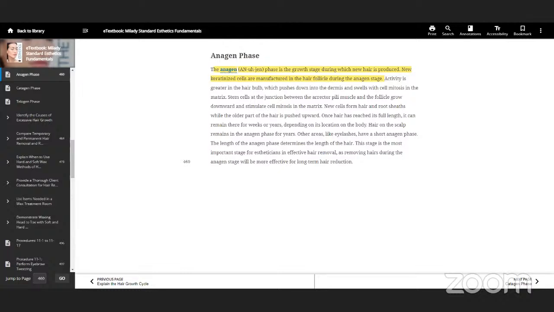It's going to come out black, blonde, red, or super thick or thin. All of that goes on in the hair bulb. The hair bulb pushes down into the right in the middle, and then it's going to add more.